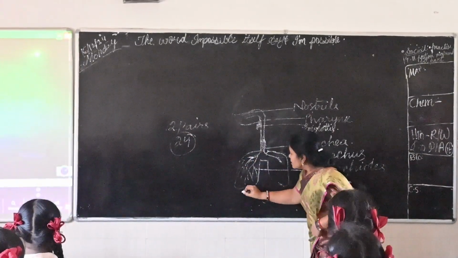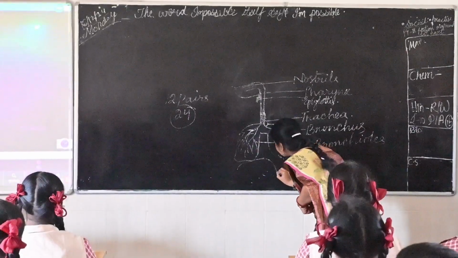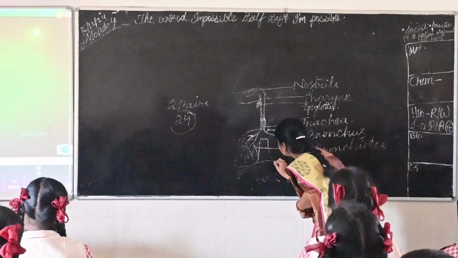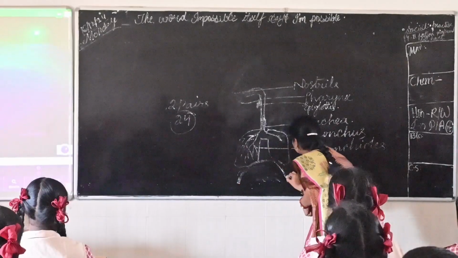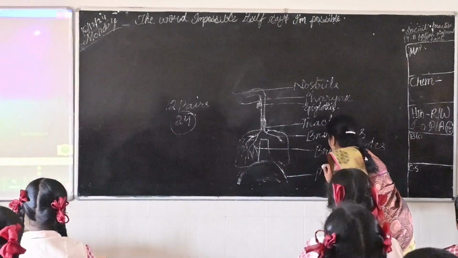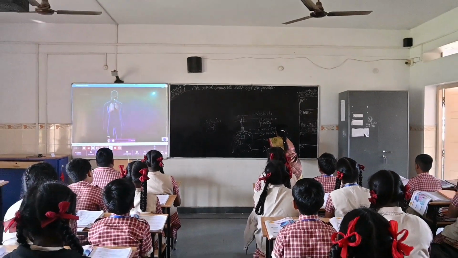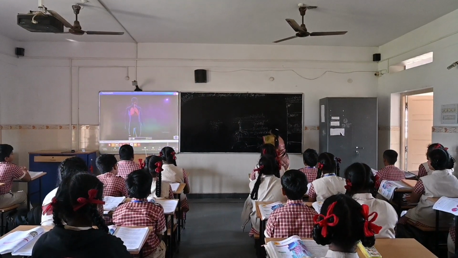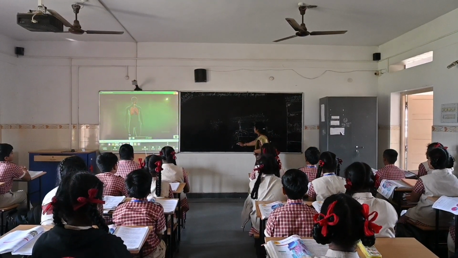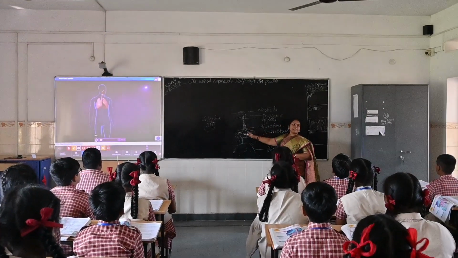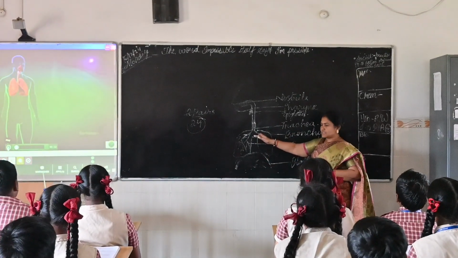And below your lungs we have a dome-shaped muscle called your diaphragm, which helps in the working of your respiratory system.